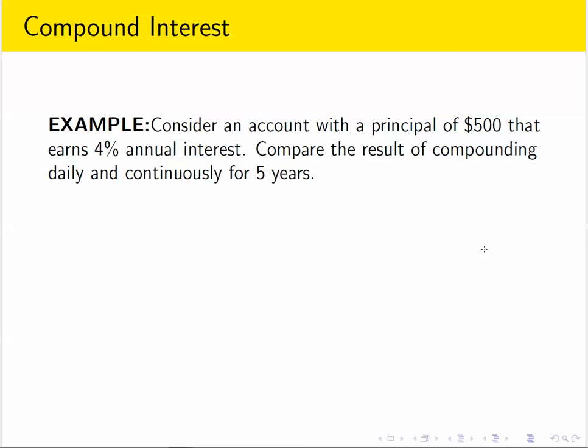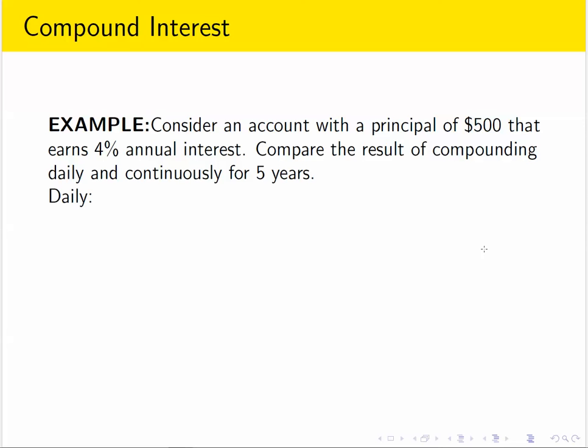Imagine we start with $500 in an account that earns 4% annual interest. Let's see what happens if we use the compound interest formula for daily compounding and compare that with the formula we just deduced for continuous compounding. And we'll use them both over a period of 5 years.